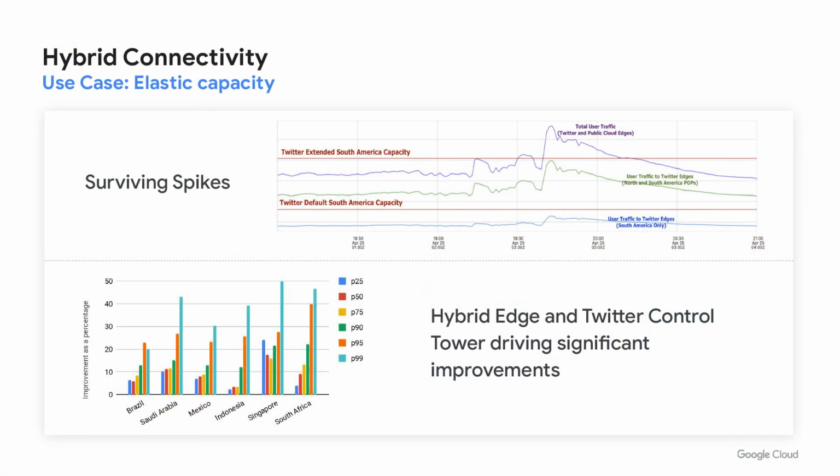Another benefit is that you can elastically scale the size of your Google front-end server deployment based on the user workload and to accommodate changing user patterns. This could be due to Twitter becoming popular all of a sudden in a country, or world events.